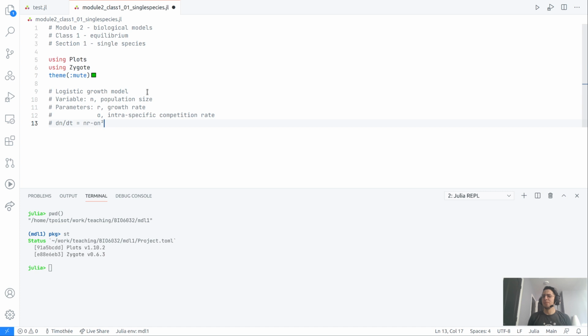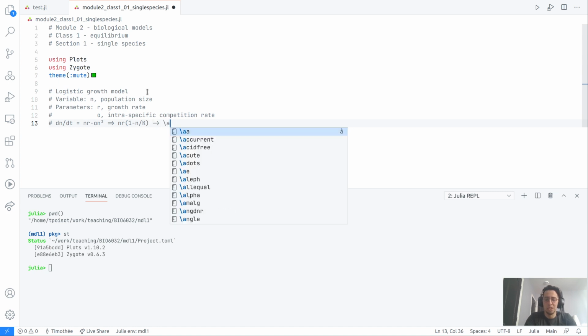You may also have seen a version that is nr times 1 minus n over k. That is the same thing if we assume that alpha is 1 over k.